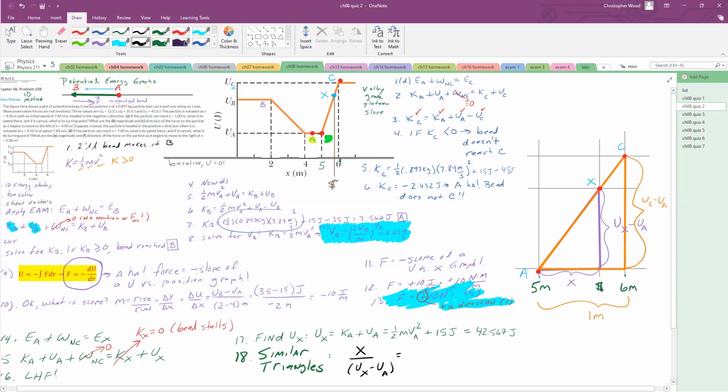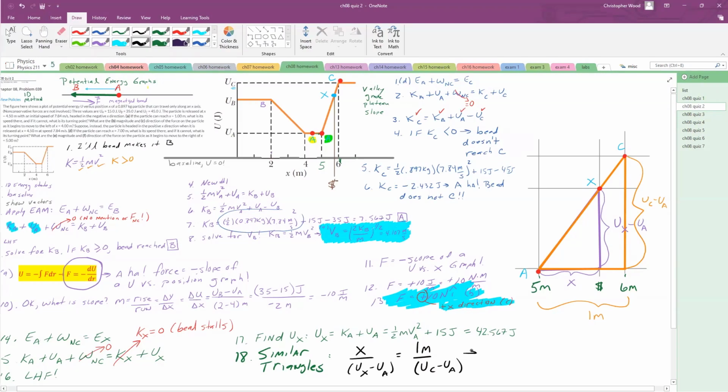So what corresponds to X? 1 meter. So the purple triangle's horizontal leg corresponds to the orange triangle's horizontal leg, just like the purple triangle's vertical leg, which is UX minus UA, corresponds to the orange triangle's vertical leg, which is UC minus UA.